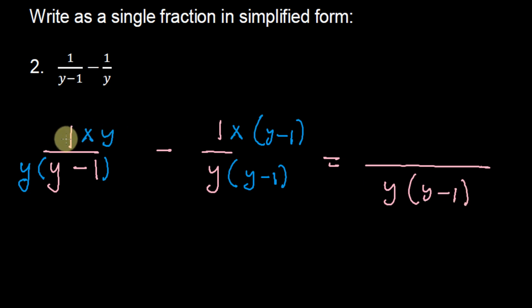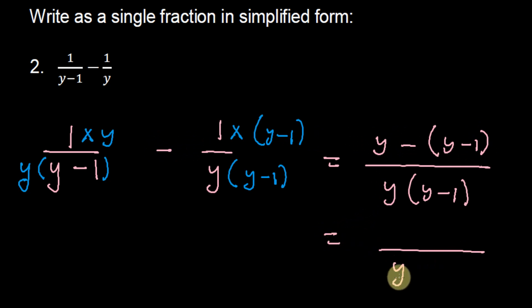So here, 1 times y is y, then we have a negative, and 1 times y minus 1 is y minus 1. We need to put this y minus 1 in brackets because of the negative in front of it. Now we can simplify the numerator.